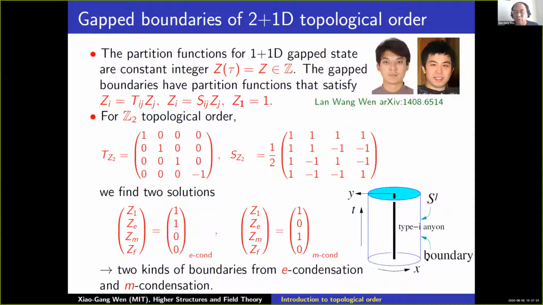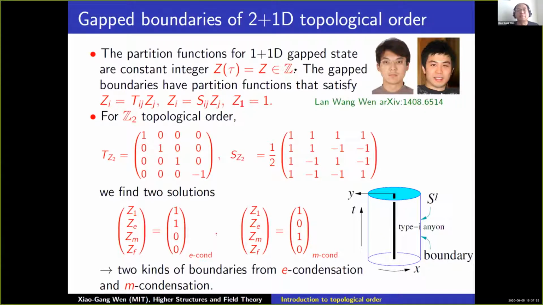So let's try to apply that relation in a simpler case. We consider the gapped boundary. For the gapped states, the partition function is a constant, not depending on tau. It's topological, so it's a constant. But in one dimension, this partition function turns out to be an integer.